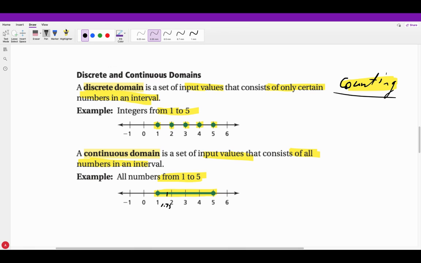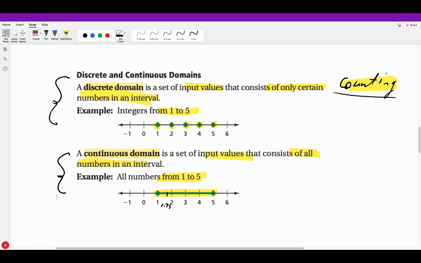All right. So for discrete, one of the examples we were talking about before is how many people are riding a ride, or maybe how many cars a car manufacturer makes, because they're not going to make a quarter of a car and try to sell that to someone. So with discrete, it has to be that whole number, and it doesn't make sense to have that 1.5 in between. Whereas our continuous domain includes everything in between, where we can talk about how long we swam in a pool.